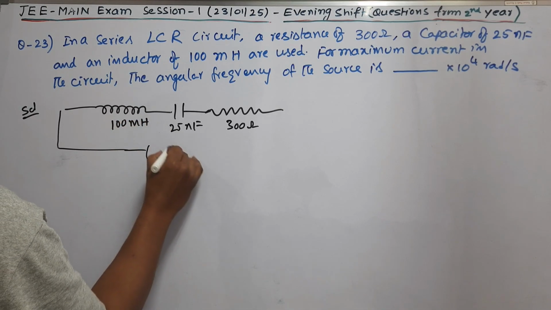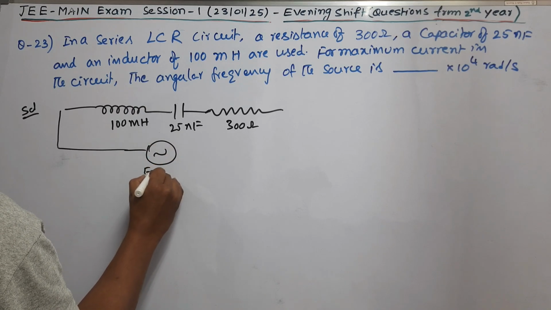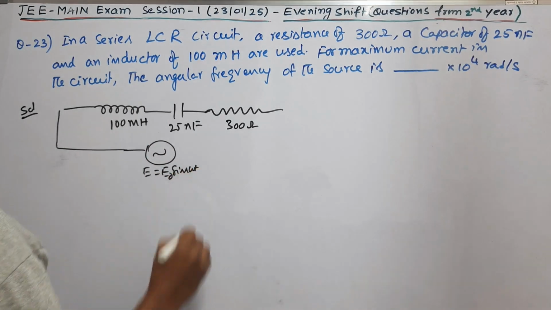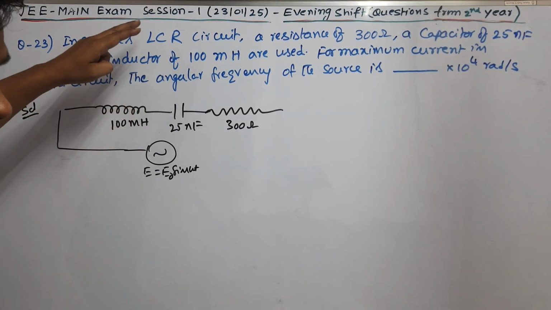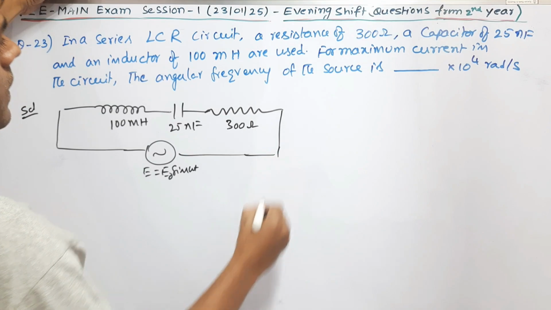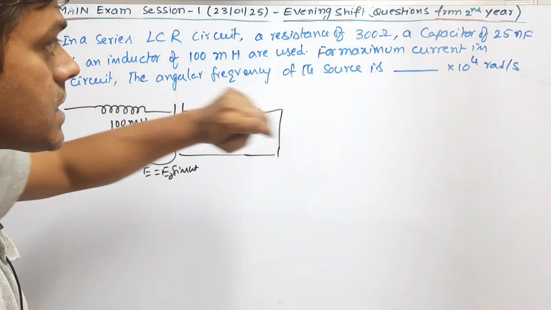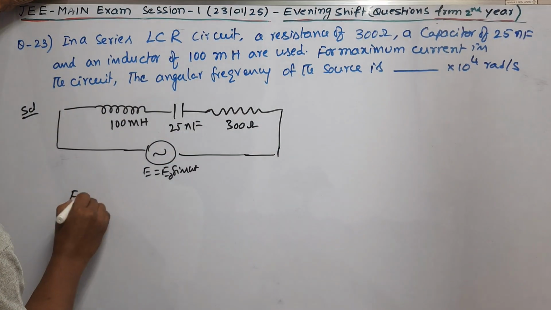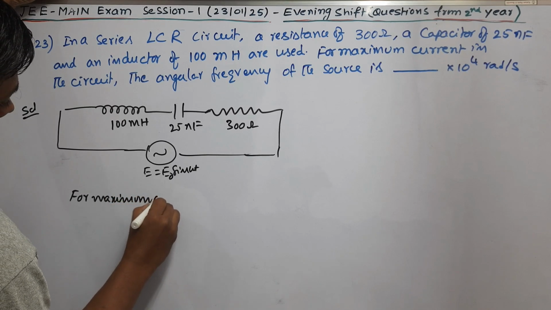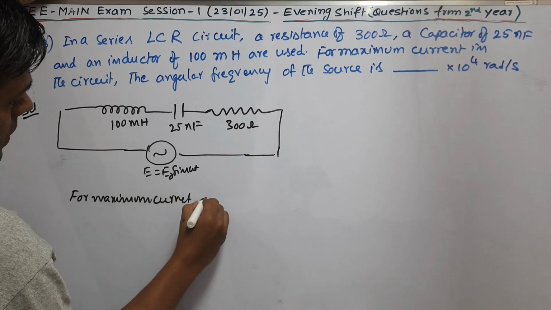Suppose this is connected to an alternating source E equal to E naught sin omega t in a series LCR circuit, connected for maximum current. This is the condition for maximum current.